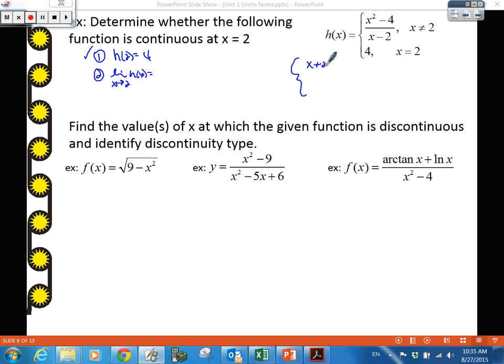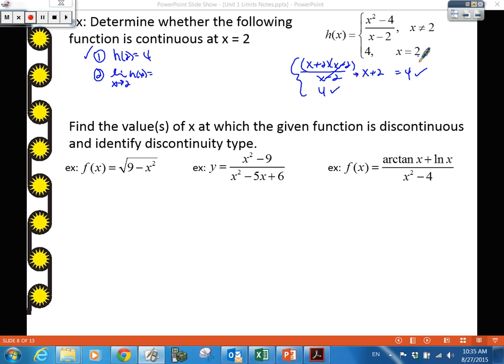So that would be x plus 2, x minus 2 over x minus 2, and we have a hole there. So when x is not 2, that results in x plus 2, and I substitute a 2 in there and I get 4. And then this function value is 4. So coming from the left and the right, or actually technically coming from all around 2, we have the same answer.